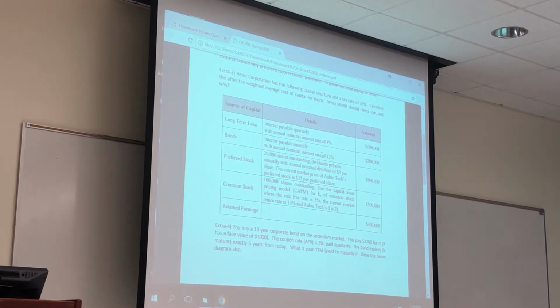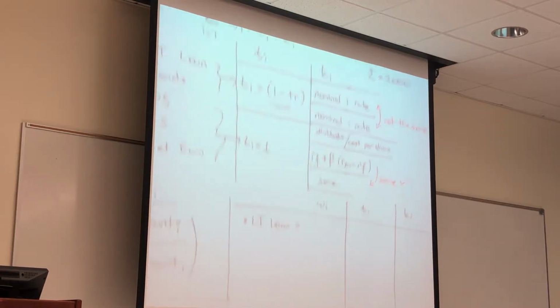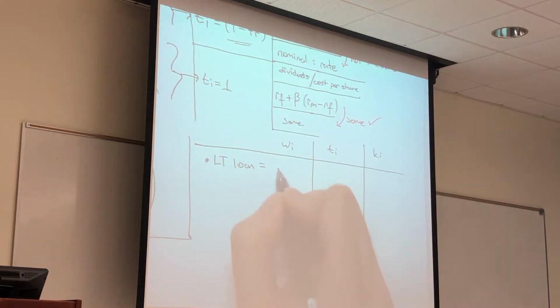So it's 2 million. Let's do it like this. The summation is 2,000, in thousands.